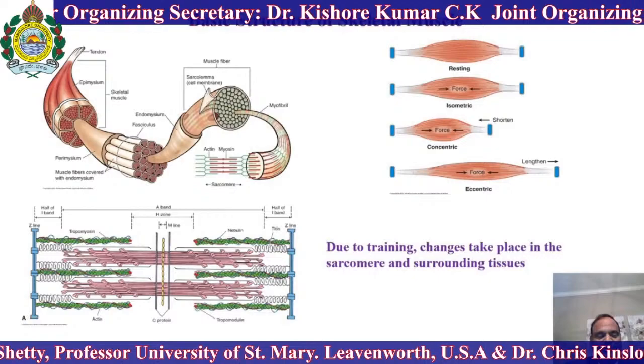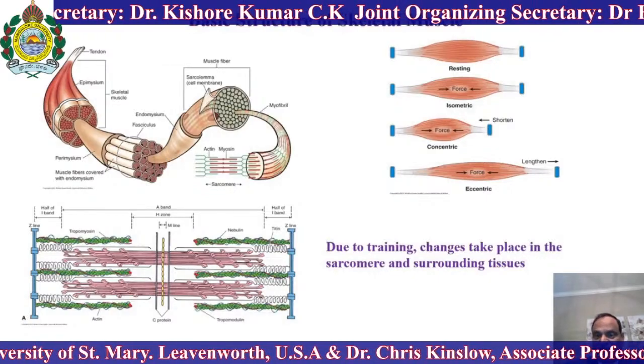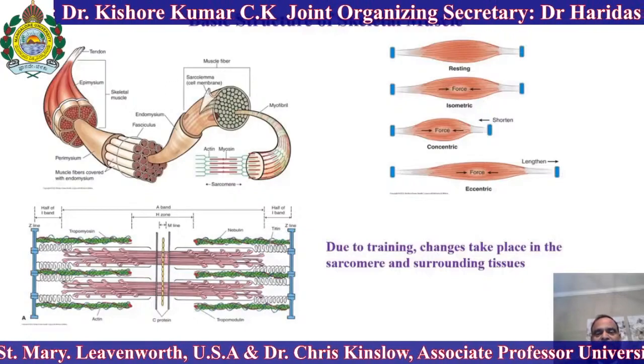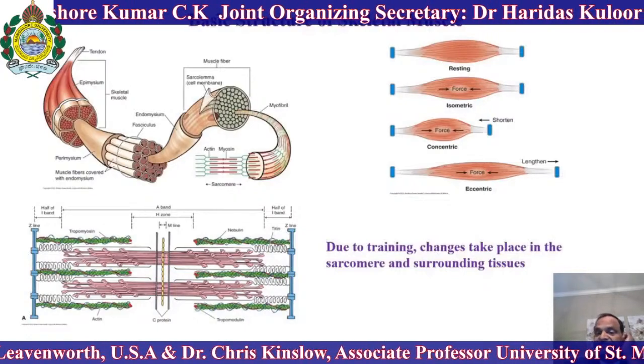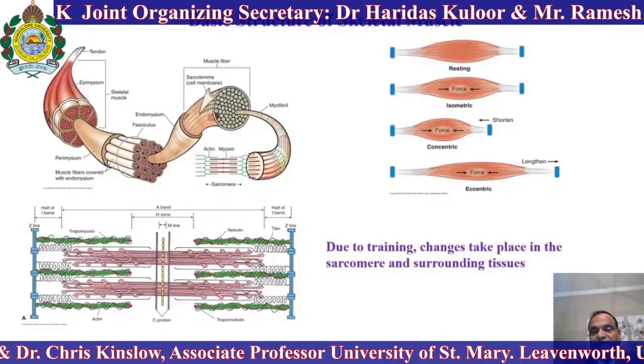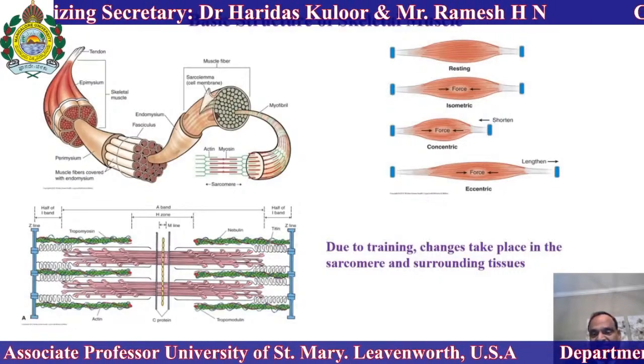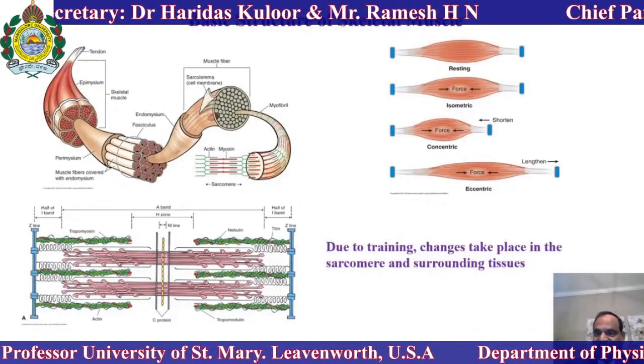If you want to understand weight training, we need to understand the basic structure of skeletal muscles. First of all, I want you to understand there are types of contractions taking place. If you look at the pictures of the muscle, there is the resting state, the isometric contraction, concentric contraction, and eccentric contraction.